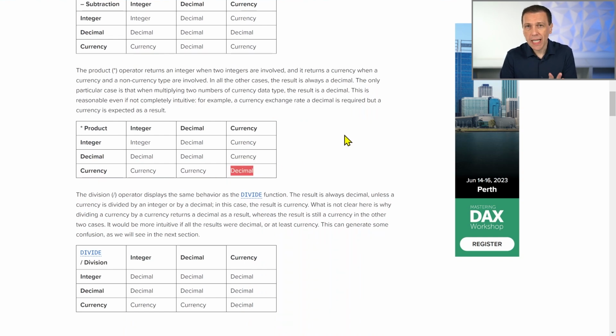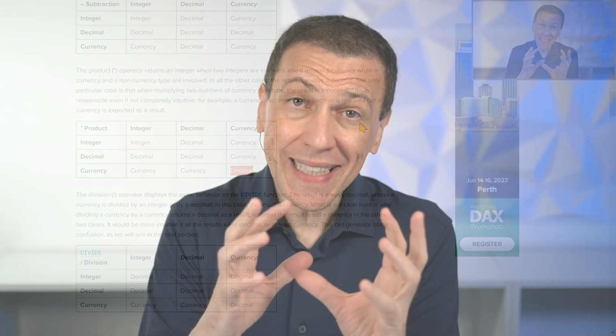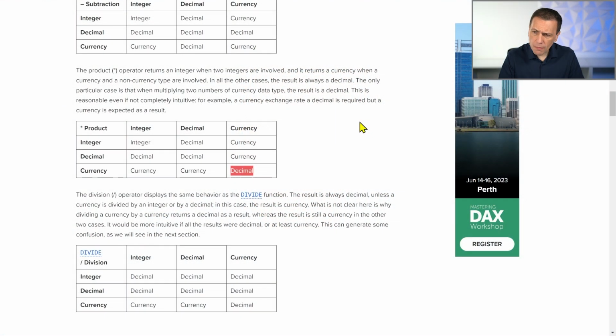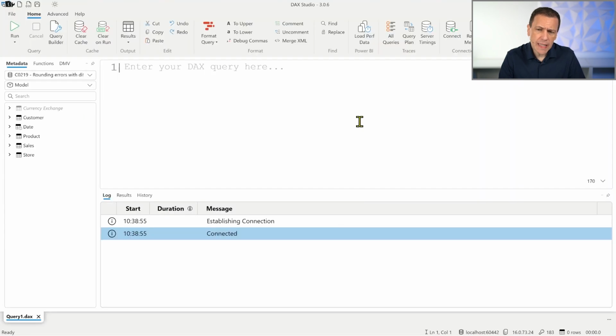So there are cases where the data type of the result is not obvious. And of course, if you just look at the data type of the result, you already have an idea about the different representation of the numbers that you can have. But what we want to focus on in this video is what happens when the result of the operation cannot be represented in an accurate way in the final data type of the destination, and what is the behavior that we can expect. So let's start looking at some operations.